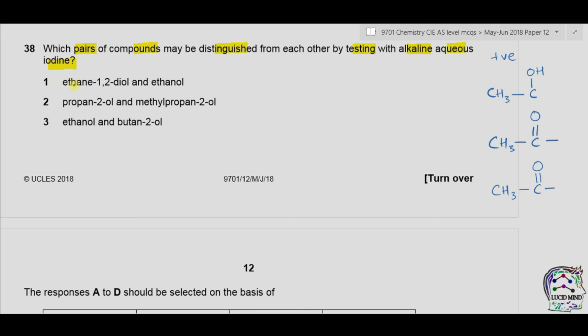Let's look into the options. In 1 we have ethane 1,2-diol. Let's draw. We have 2 carbon atoms as it is ethane. On the first carbon and second carbon we have alcohol groups. Second is ethanol.